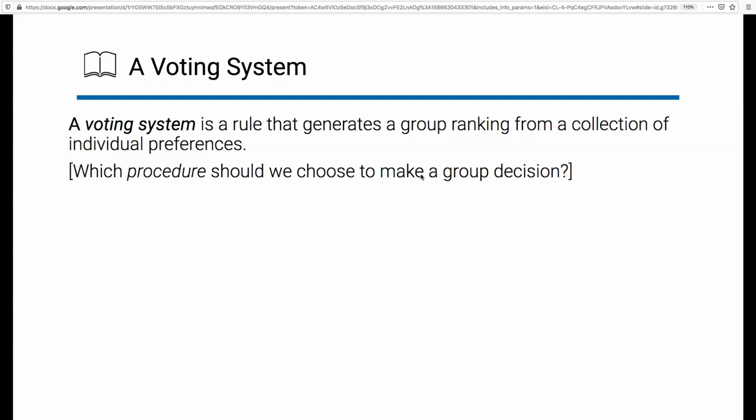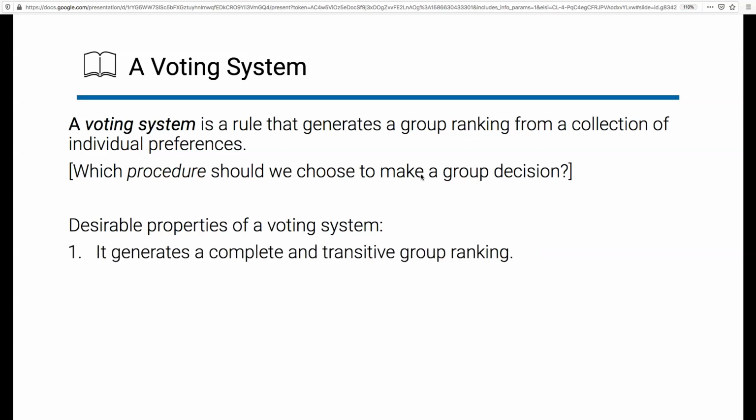And so when aggregating individual preferences, we'll have the following desirable properties. We would like the following things to work no matter what individual preferences are. First of all, we would want completeness and transitivity of a group ranking. Basically, no matter what individual preferences we're starting with, we want this rule to allow us to select a winner anytime for any sort of preferences.